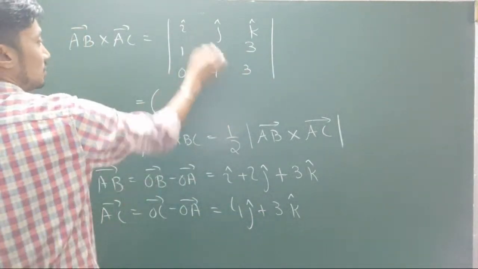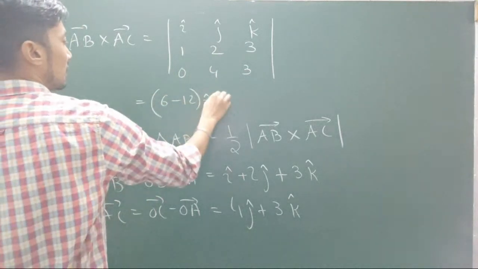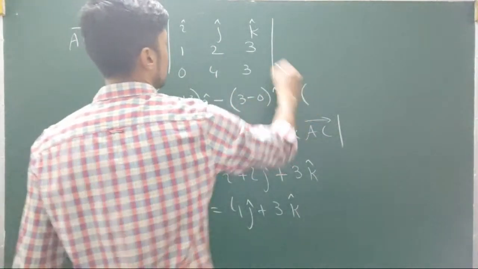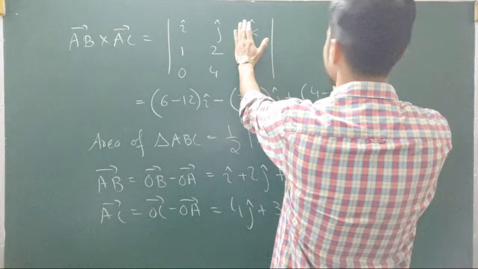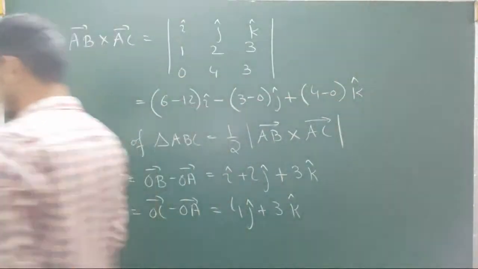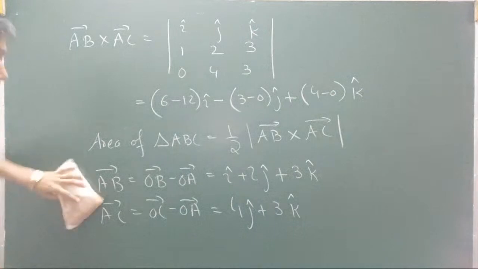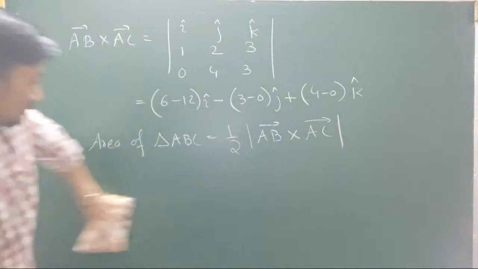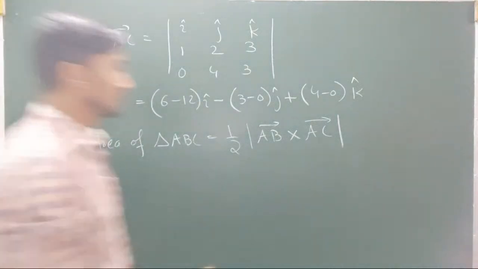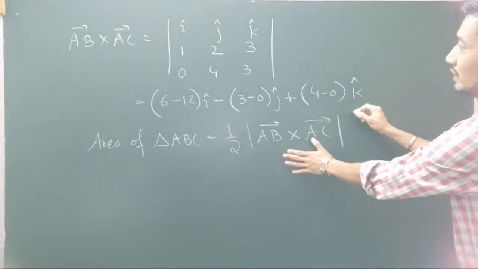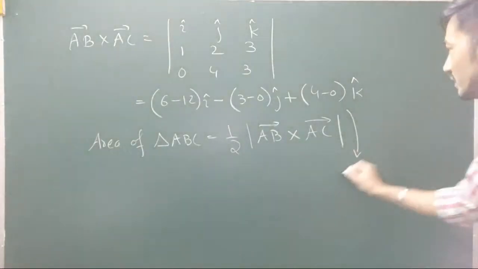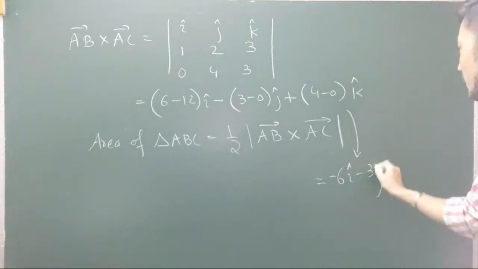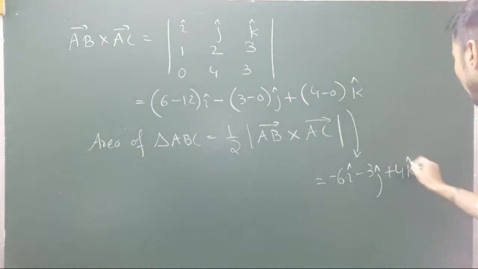So that will be 2 3s are 6 minus 4 3s are 12, I; minus, 3 1s are 3 minus 0, J; plus, 4 1s are 4 minus 0, K cap. This one I'm just going to calculate here so that I'll use the formula directly. So this one will be minus 6I minus 3J plus 4K.